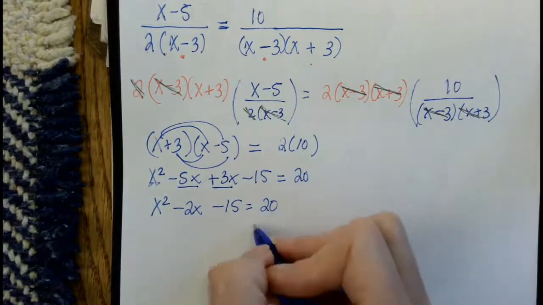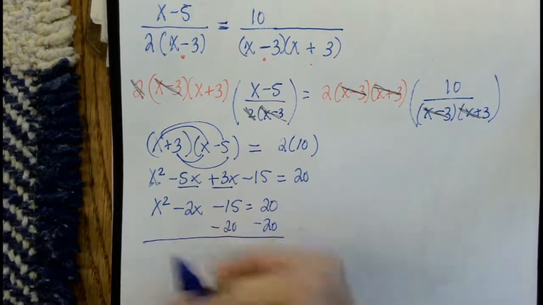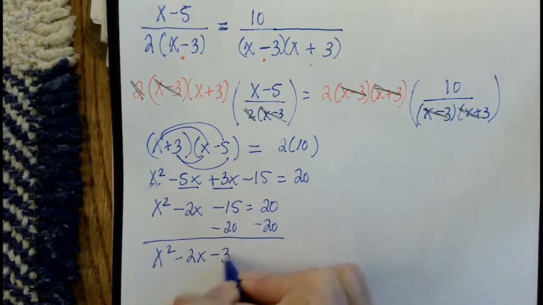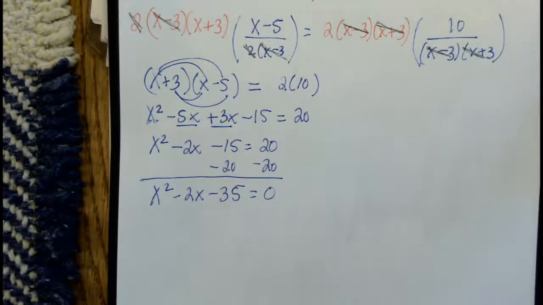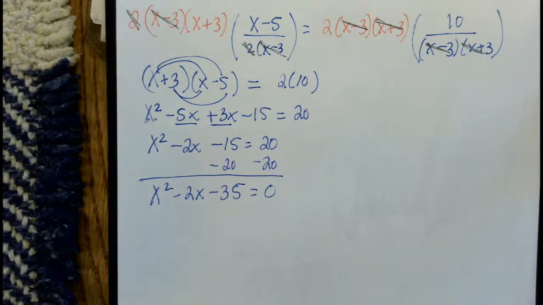And then we can subtract 20 from both sides, and we get x squared minus 2x minus 35 equals 0. The reason that we're doing that is, again, remember, the answers were things like we have one valid solution and one extraneous solution. So we need to factor.